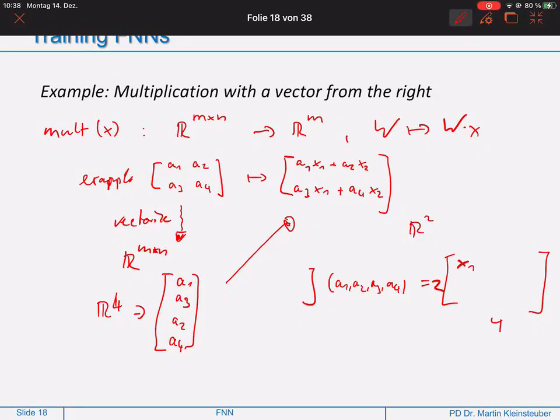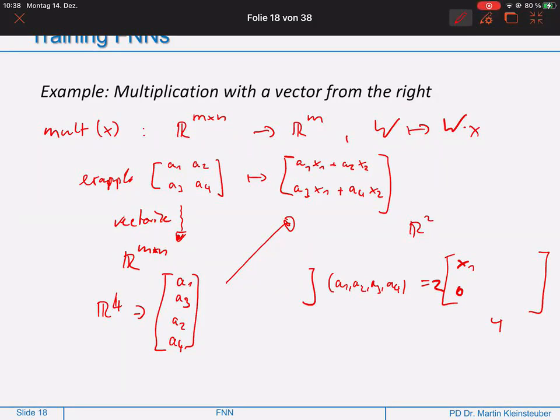Then the second derived to a1 is 0 because a1 does not occur here. Then the first derived to the second, but the second component is a3.